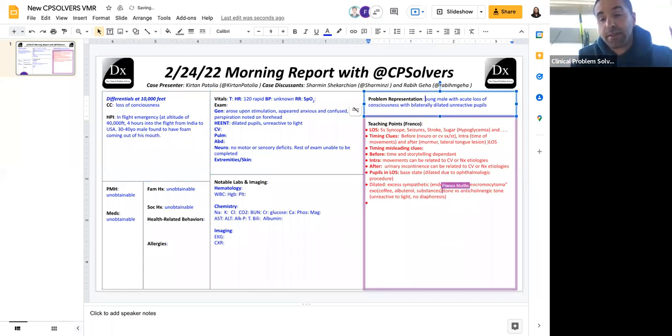What would I do practically? You probably don't have the ability to measure a glucose unless you're lucky enough that a passenger has a glucometer, but you probably can empirically treat for the possibility of hypoglycemia. You probably also have access to benzodiazepines, not officially, but probably through another passenger.